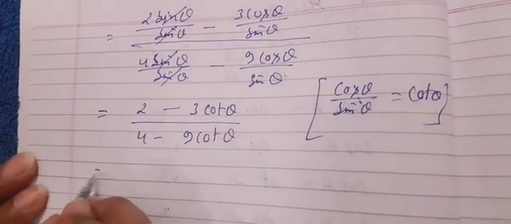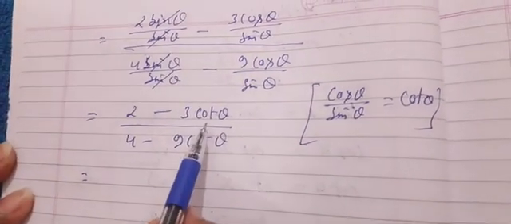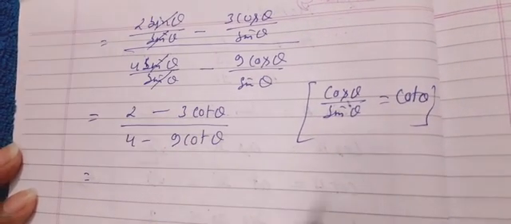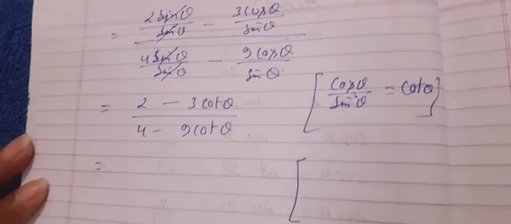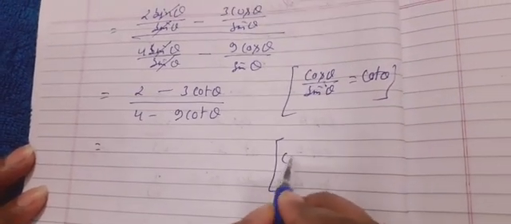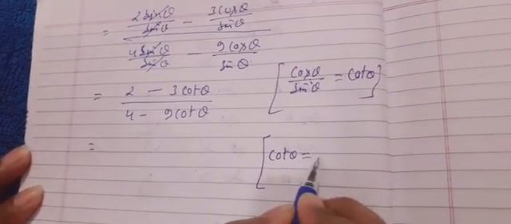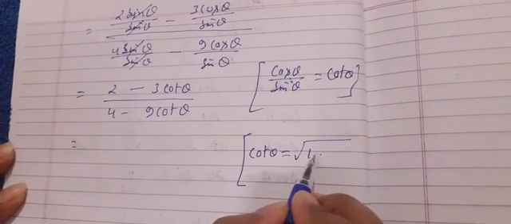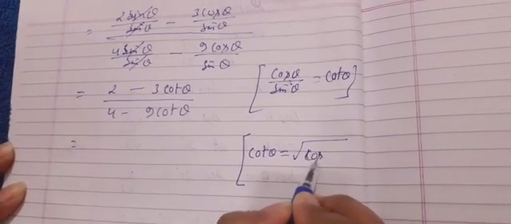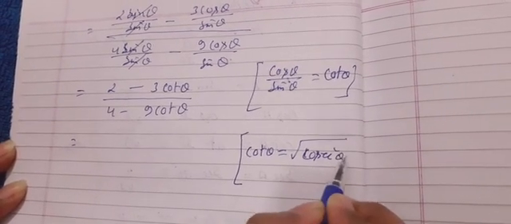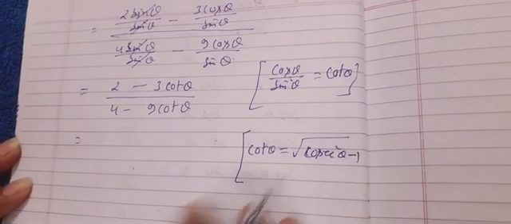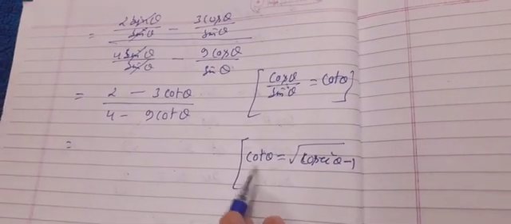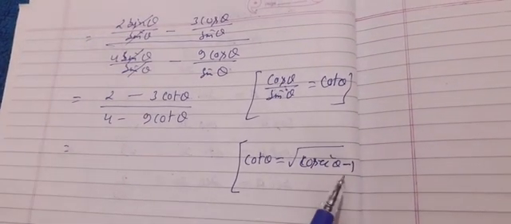Now we have the value of cosec theta and here is cot theta, so we are going to use a formula giving the relation between cot theta and cosec theta. Cot theta is equal to under root cosec square theta minus 1.